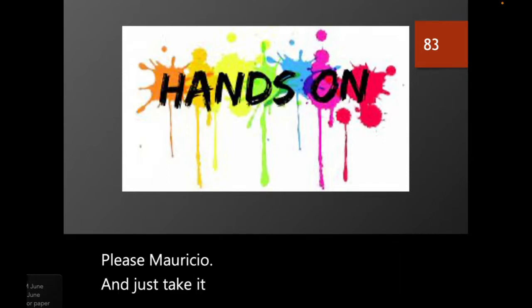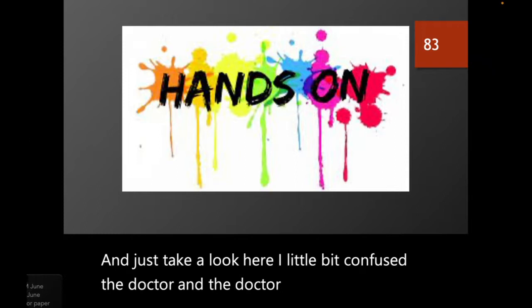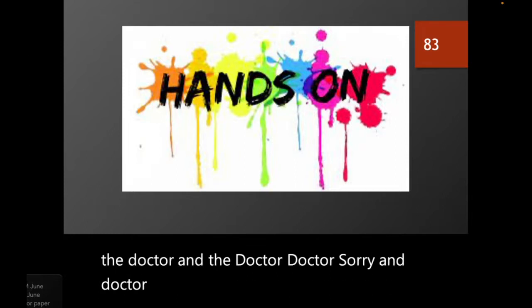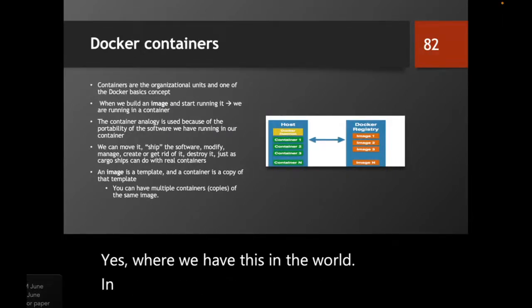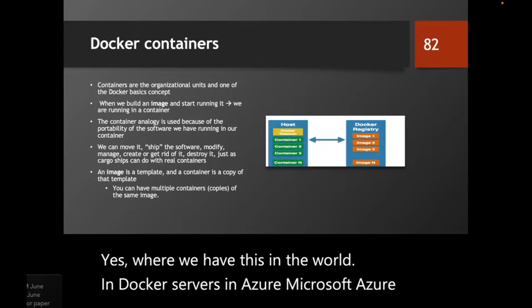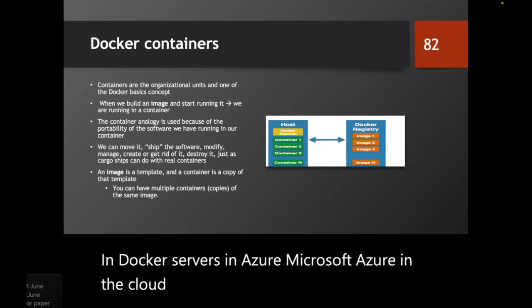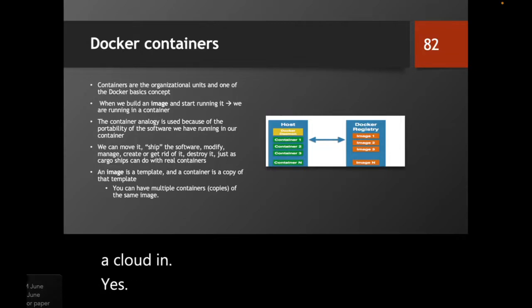It's just that I'm a little bit confused. The Docker registry. Where do we have this Docker registry? In Docker servers, in Microsoft Azure, in a cloud, in AWS, somewhere.